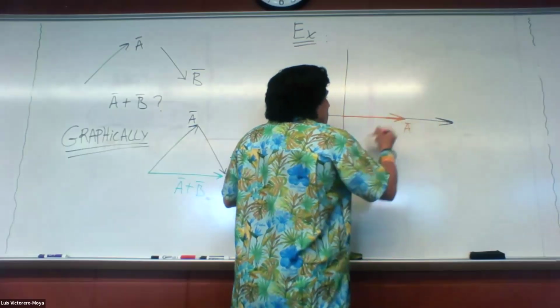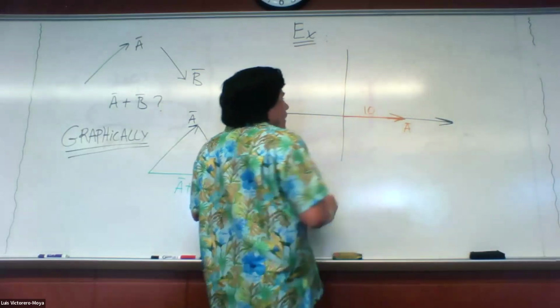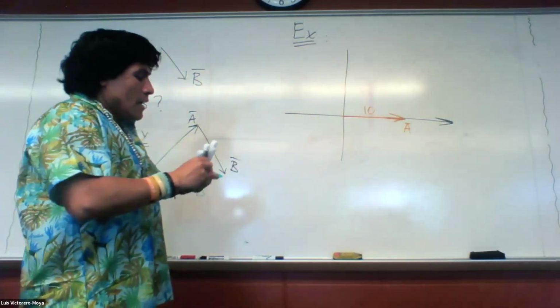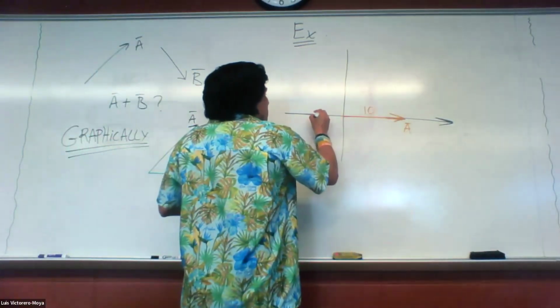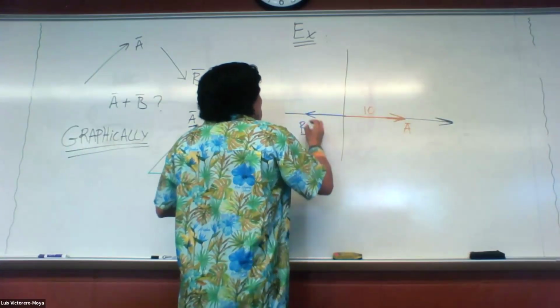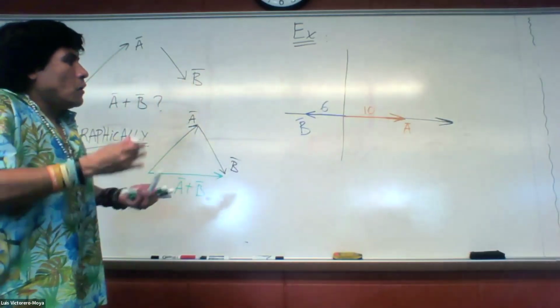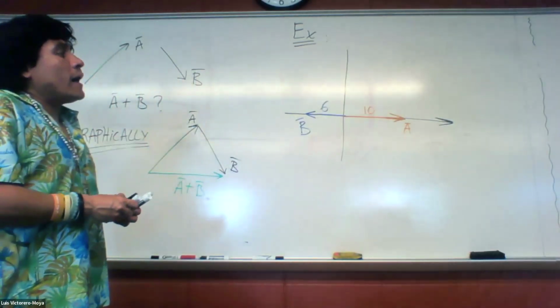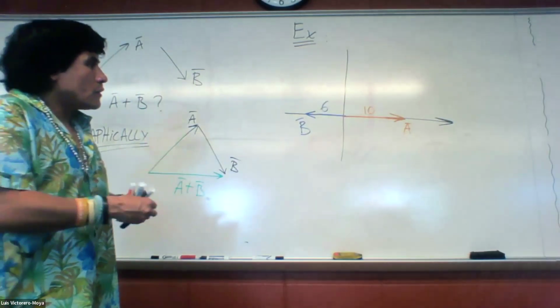Vector A with units, say 10, the magnitude of A, and a vector like this. Okay, so to add vectors like that, we have to take into consideration the direction.